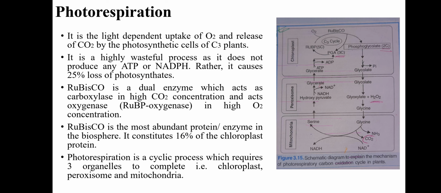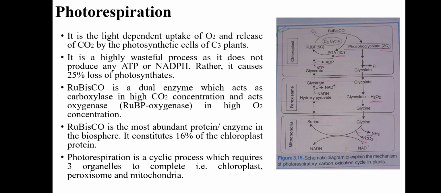Then what is photorespiration? In C3 plants, the first enzyme which helps in carbon fixation is called rubisco, which is a dual natured enzyme, that is, carboxylase and oxygenase.